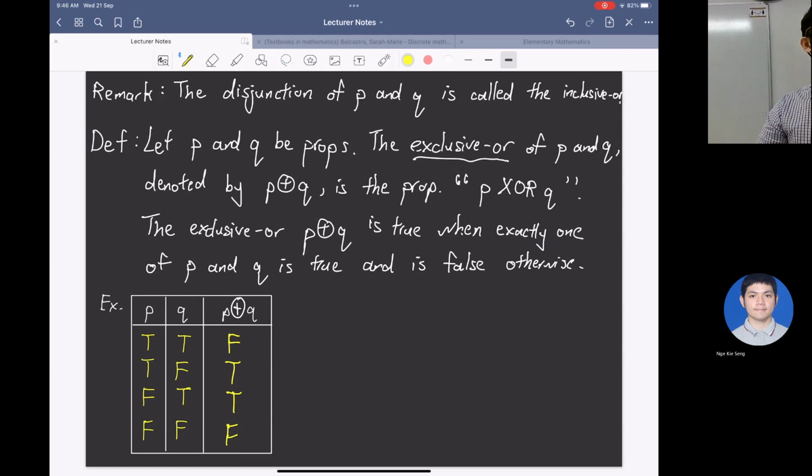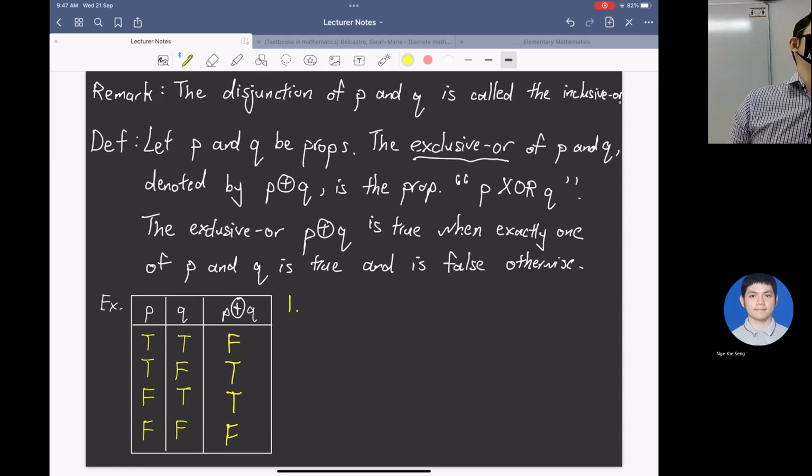Why should we have this kind of explicit one? How is it useful? Let's say you think about what to eat tonight. Maybe you have chicken rice in D6, or you have the economic rice also in D6. Which one do you want to choose?